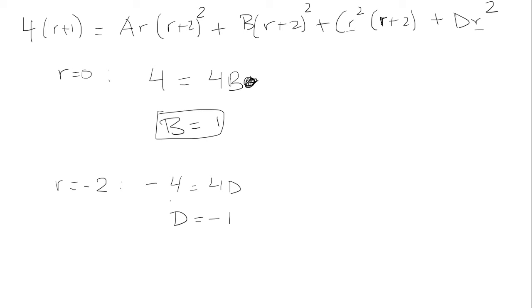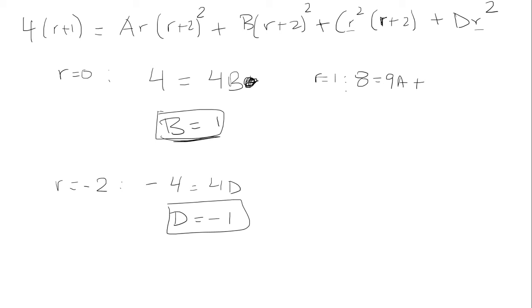So now I have 2 out of the 4, so I need to solve for A and C. And really there's not an obvious choice for us, but I don't want to make this too complicated. So why don't I choose r equals 1? That's very nice. On the left, it's 4 times 1 plus 1, which is 8. And on the right, I have 1A times 3 squared, so that's 9A, plus B is 1 from over here.